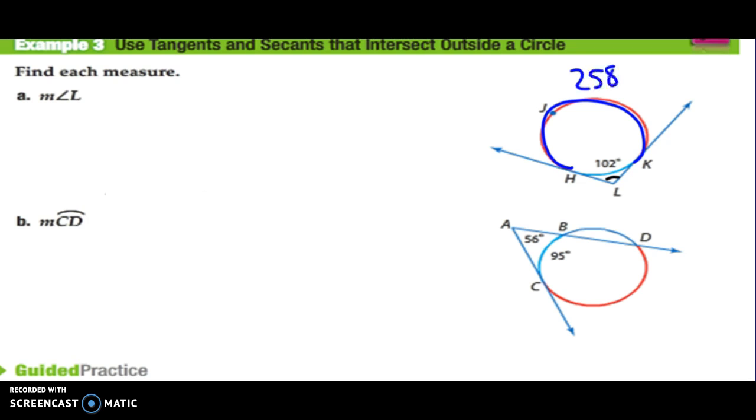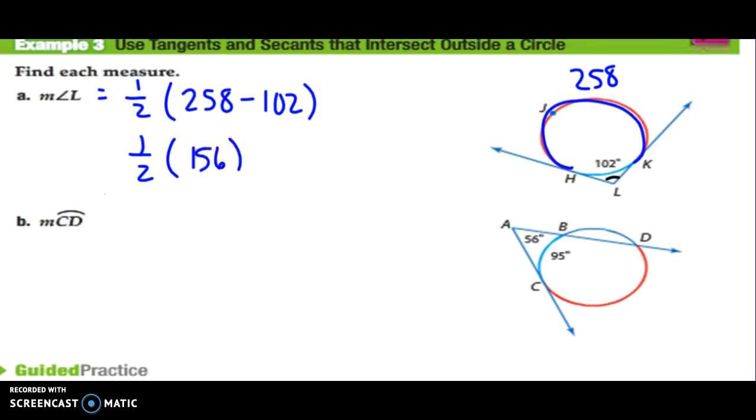And so angle L is going to equal half of 258 minus 102. Well, 258 minus 102 is going to be 156. So half of 156 is 78 degrees. So angle L right there is going to be 78 degrees.